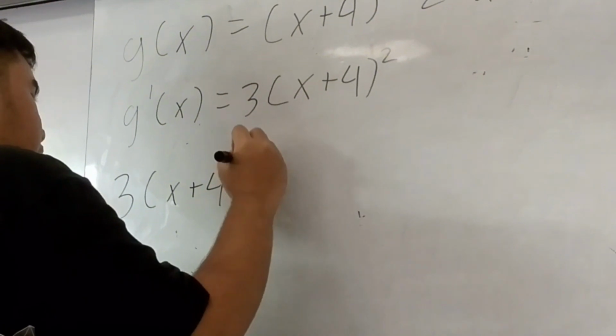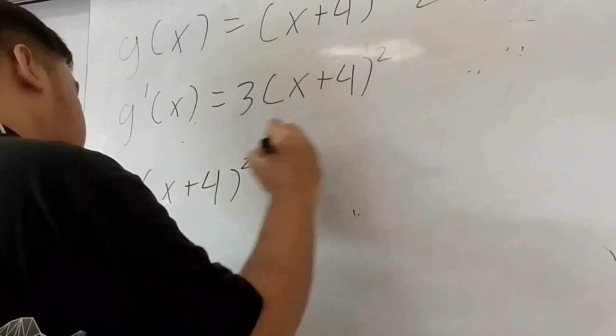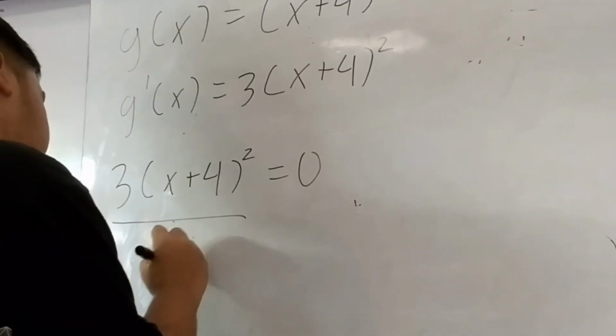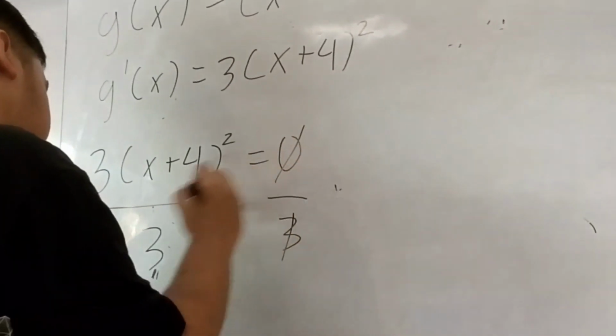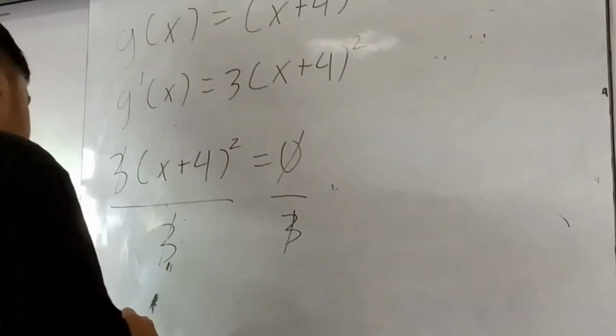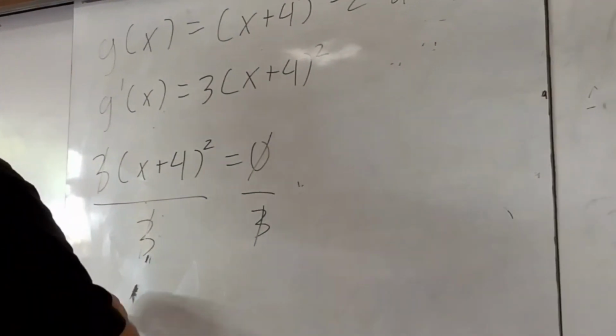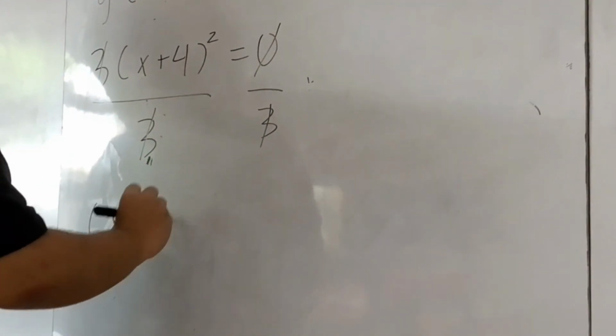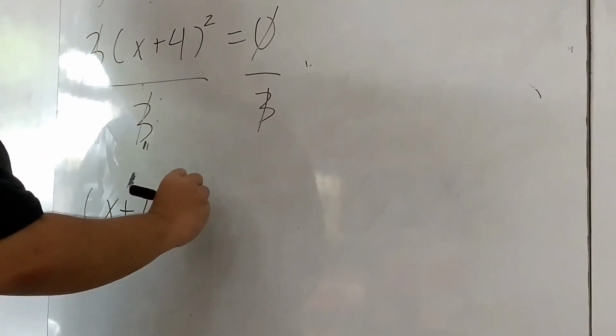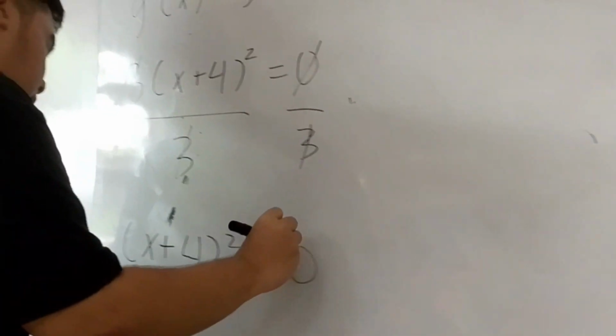Three times x plus 4 squared is equal to 0 over 3. Then cancel. X plus 4 squared is equal to 0.